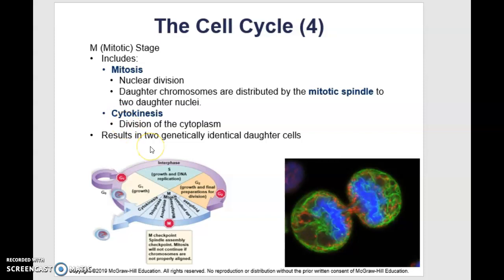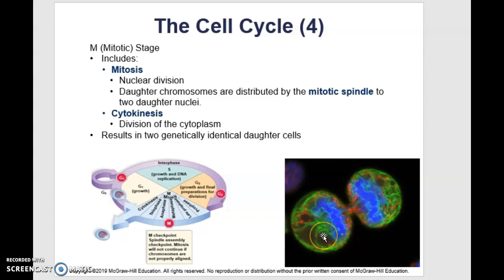Okay, we talked about most of this already. One thing to hit on here is that cytokinesis actually means division of the cytoplasm. Remember, the cytoplasm is everything inside of the cell. And so when we divide that, we're actually dividing a cell into two separate cells. This is a really cool picture that I like down here.